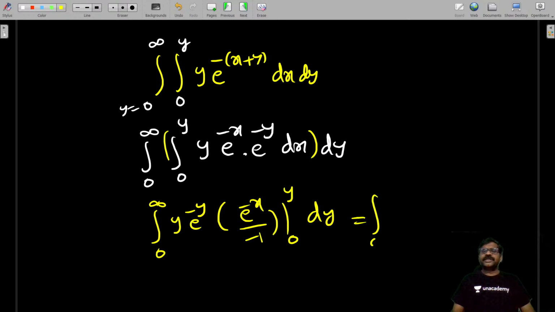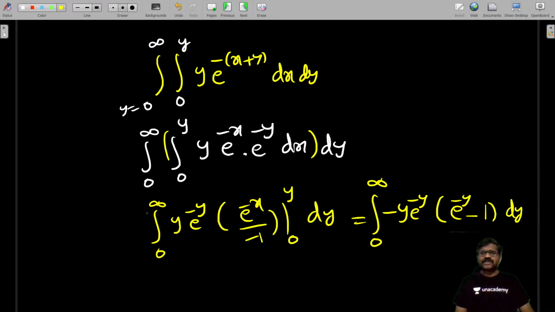Integral 0 to infinite, minus y into e power minus y, applying upper limit e power minus y, lower limit e power 0, into dy. Minus y into e power minus y into e power minus y, e power minus 2y.